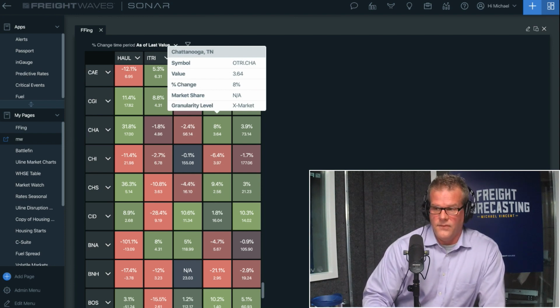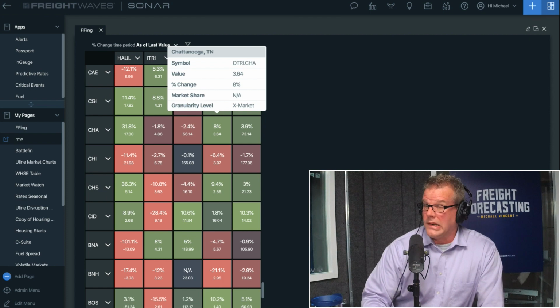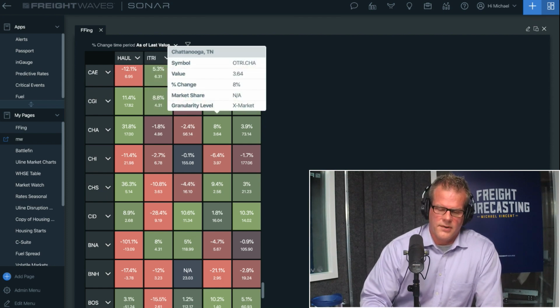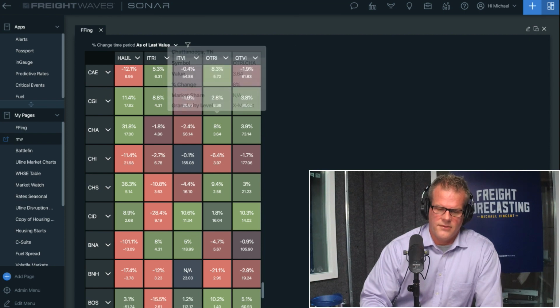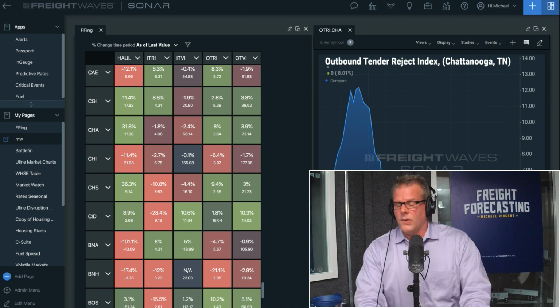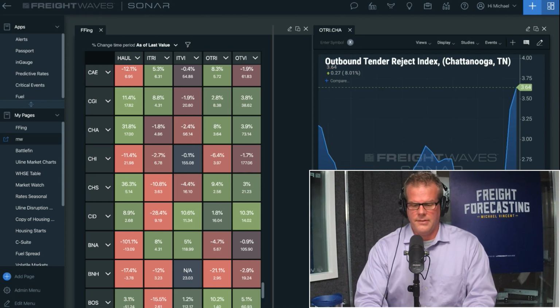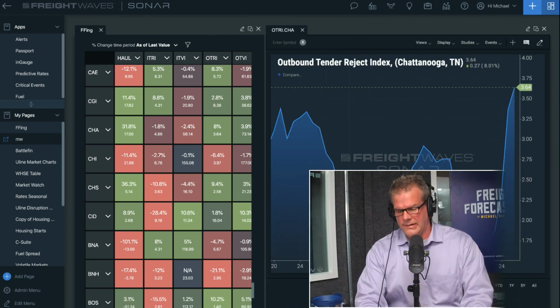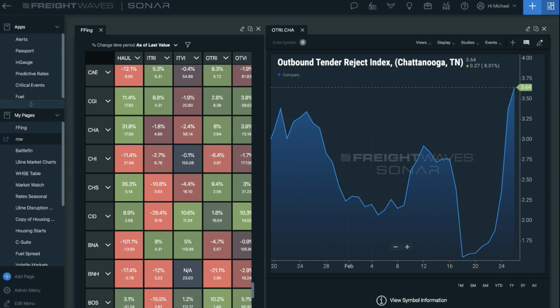This has been an issue for this shipper for the last week and a half when I first built this, and we've been working together to look at different plans to be able to combat this. So if I look at this OTRI and I quickly map this, you'll see what I'm talking about. You see this huge spike, and it started right here where we're looking at this.